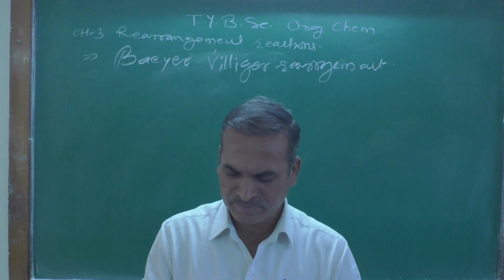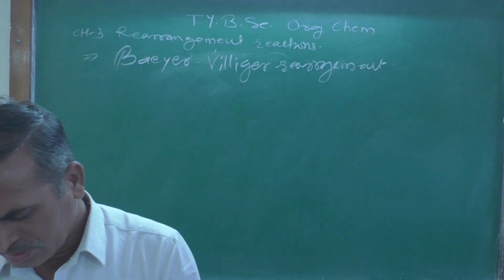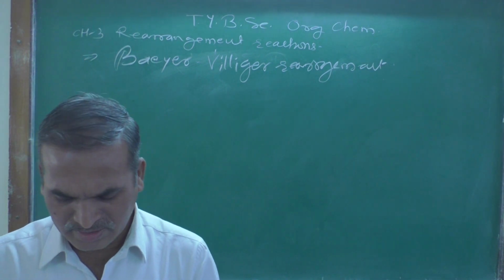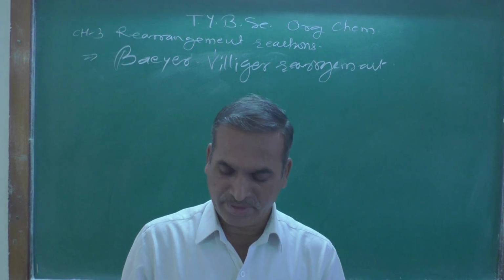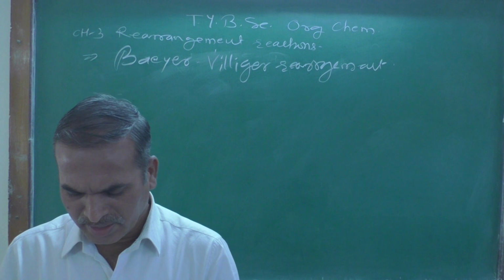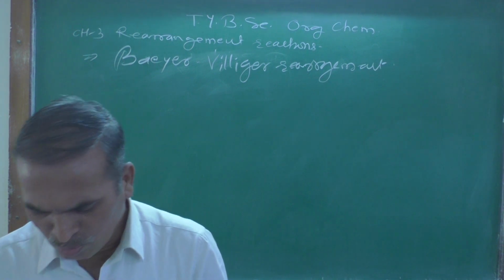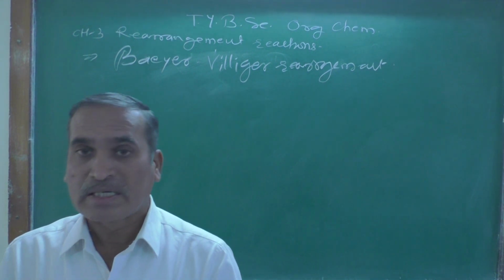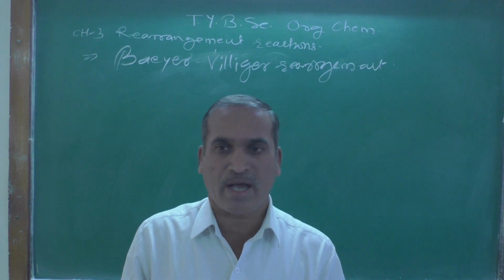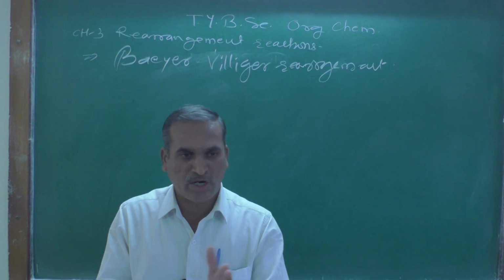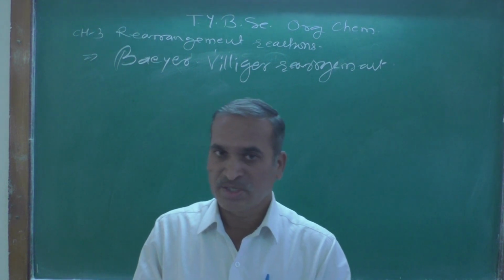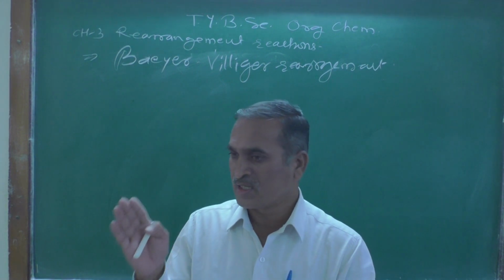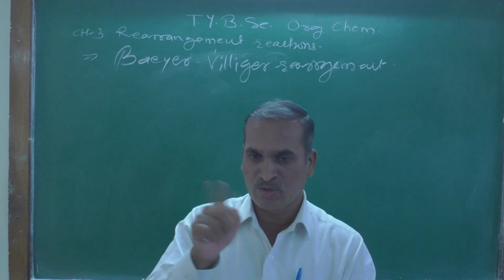A discrete intermediate is drawn, but it is more likely that the rearrangement is a concerted reaction, as we know that bond making and breaking take place simultaneously.